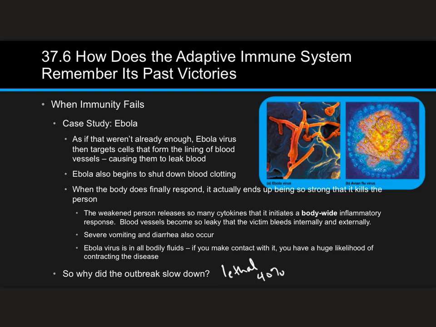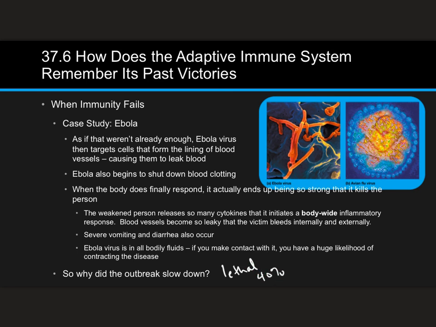Which we'll see is kind of the problem with COVID-19, is that it's not quite as lethal. Here we know that, hey, if you get this, your odds of surviving are not good. And so we try to treat these with the best precautions we can, but ultimately these people are quarantined from the rest of society to make sure that they do not infect other people. And so that's how we were able to stop this thing, because it was so lethal.